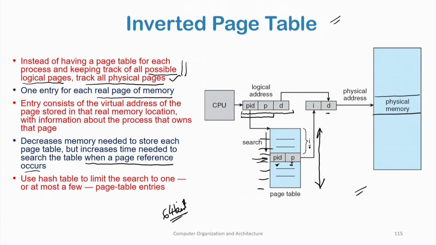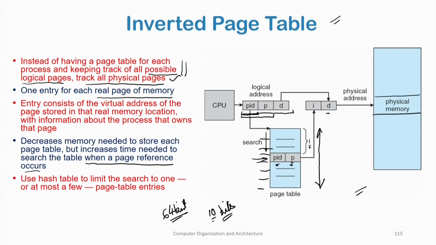So, basically I will keep, let us say, 8 bits or 9 bits, 10 bits for the PID. So, I can accommodate at most 1024 if I keep 10 bits for the PID. I can accommodate 1024 different processes, which is very large.